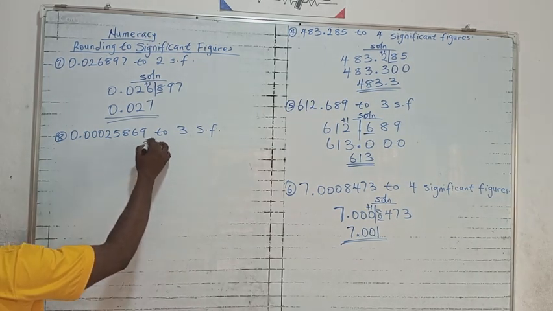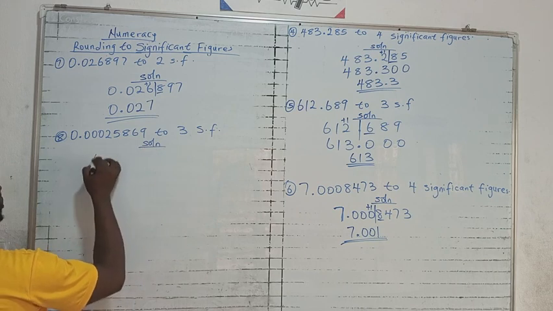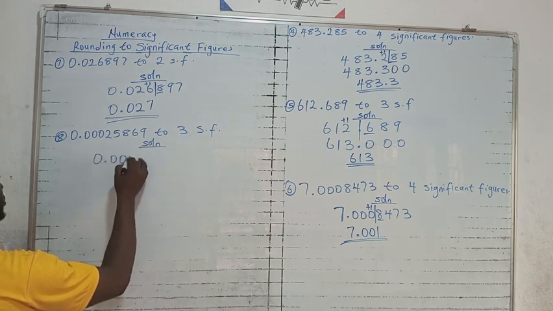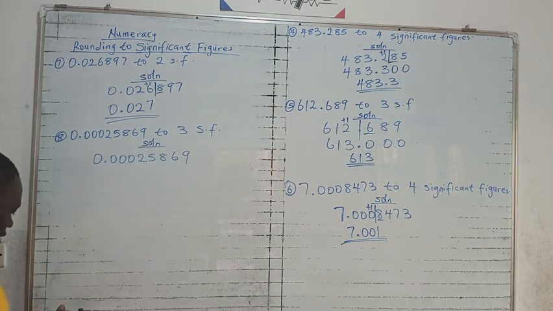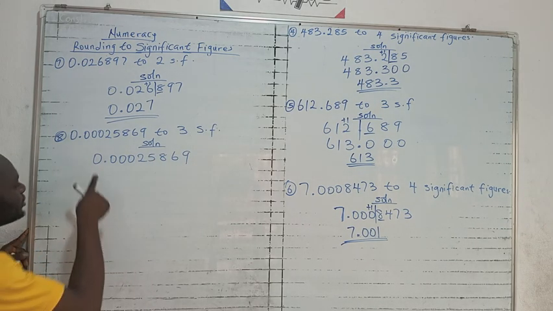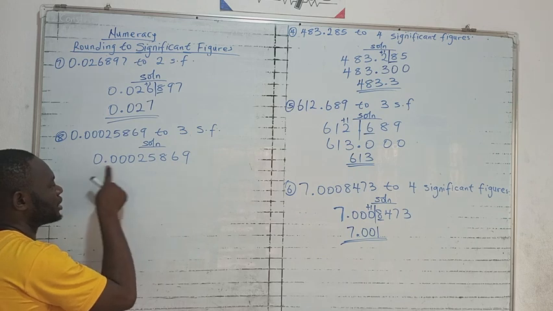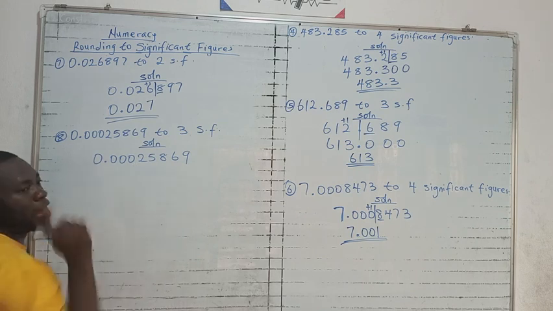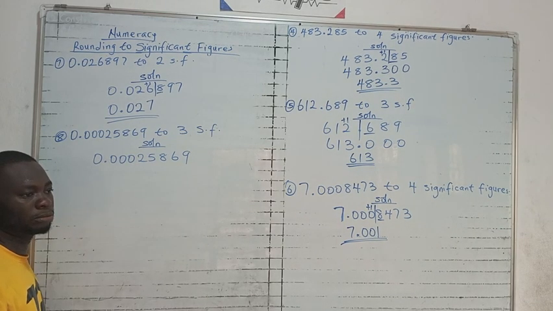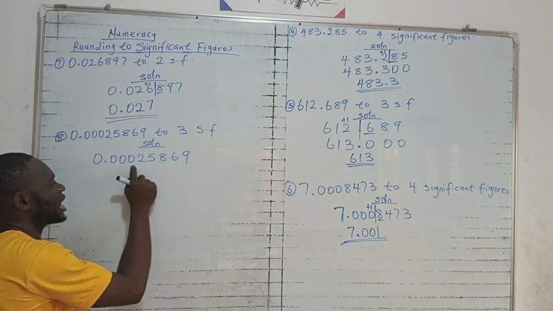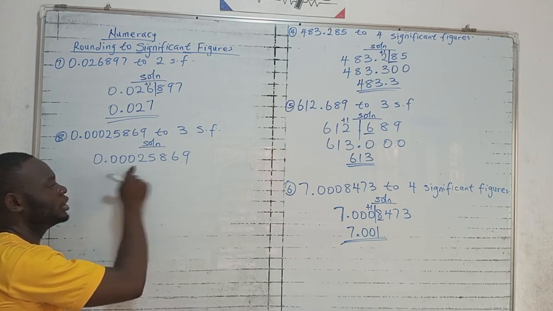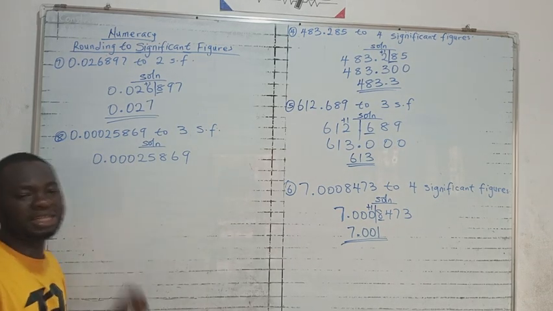Solution: 0.00025869. Remember what I said. These beginning zeros, these zeros at this particular position, are not counted because, as a result of their position, they are insignificant.